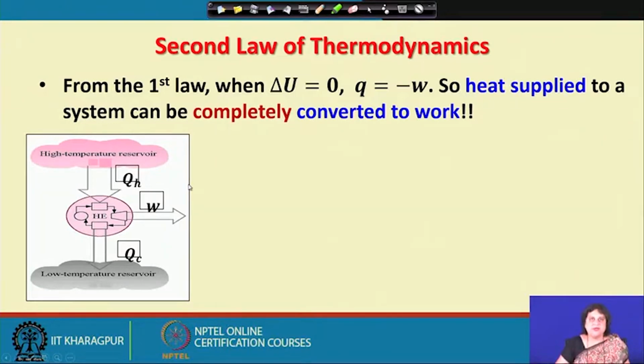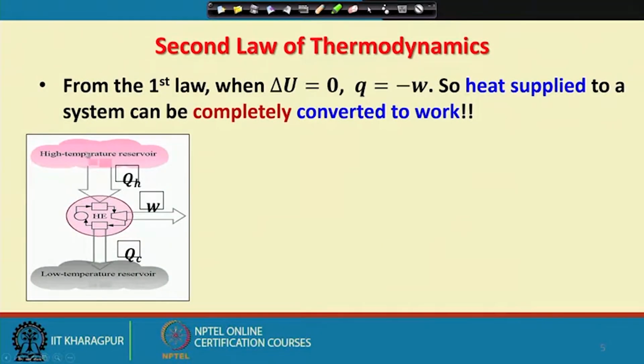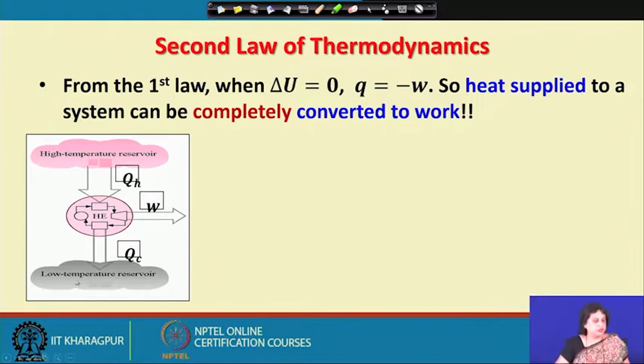For the maximum efficiency, one introduces a heat engine that operates reversibly between a high temperature reservoir and a low temperature reservoir. So, what it does is it undergoes a cyclic process. Initially, it extracts QH amount of heat from the hot reservoir, and in the final stages it rejects QC amount of heat to a low temperature or cold reservoir.